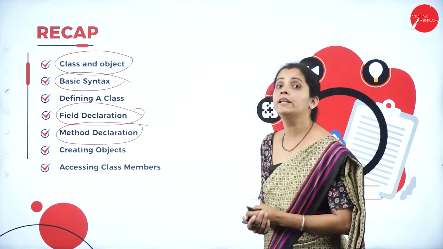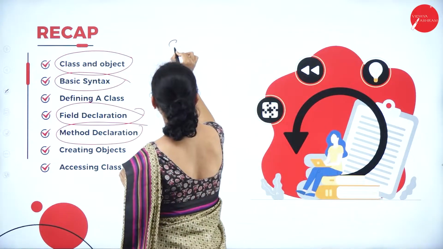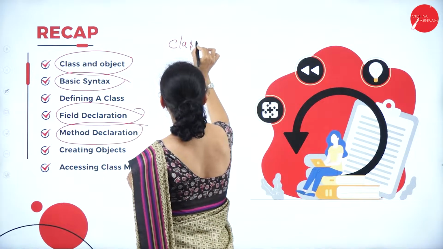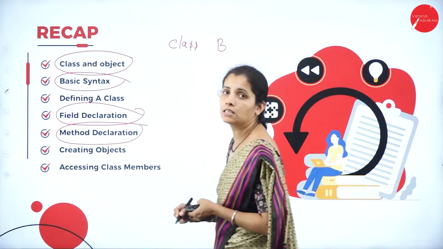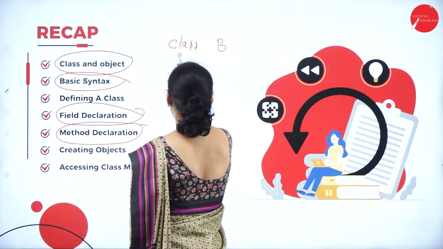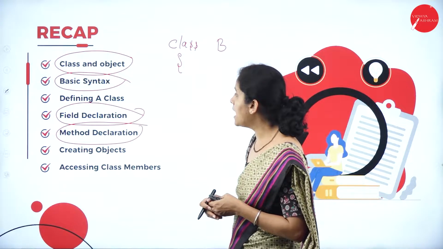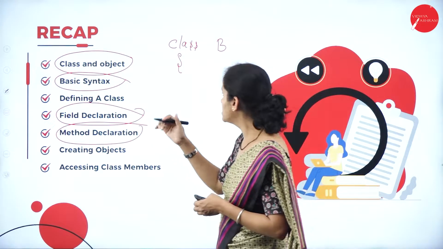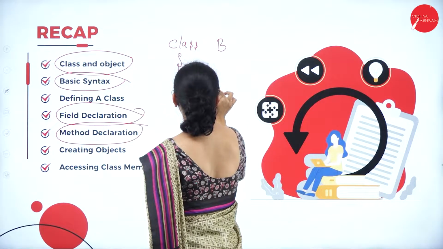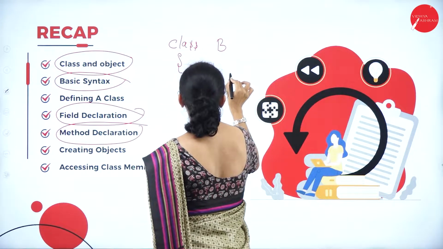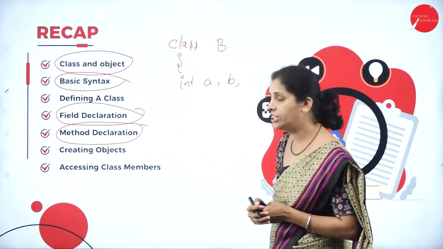Suppose, dear students, if I want to create my own class, then I start with the keyword class. Then I specify the class name. Inside my class, I can have field declarations as well as methods. For example, say I have int a and b. These are the fields of the type integer.